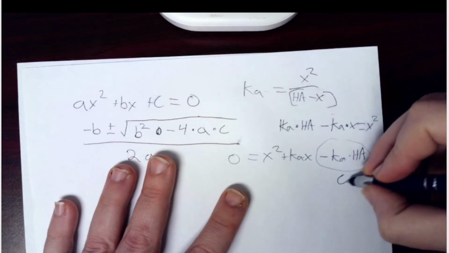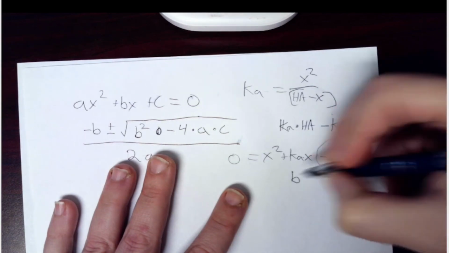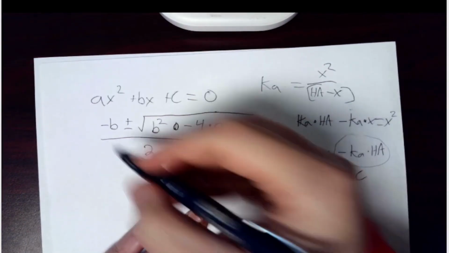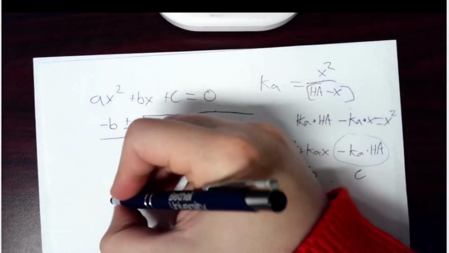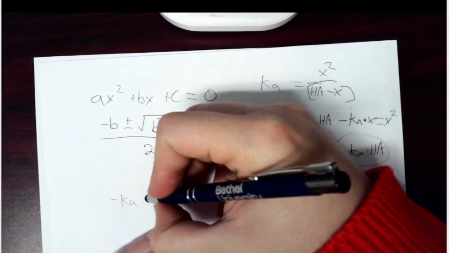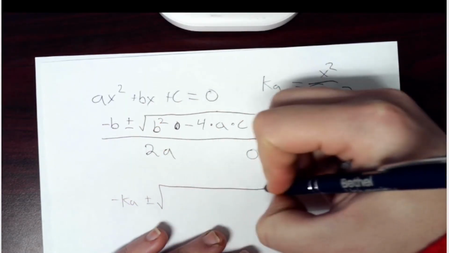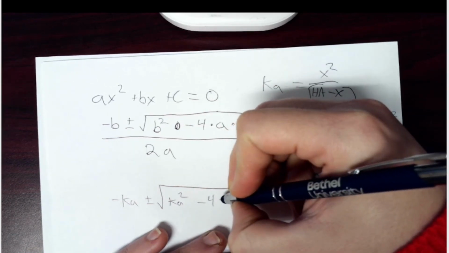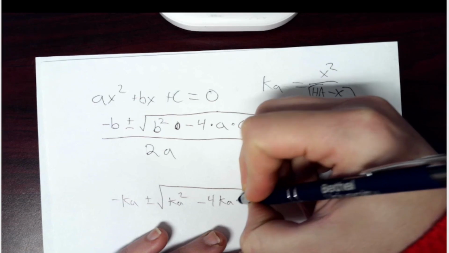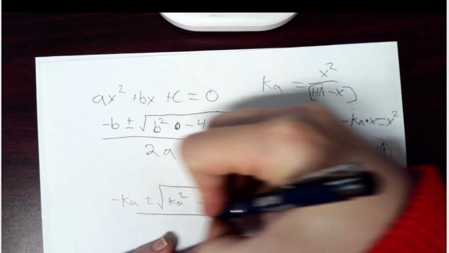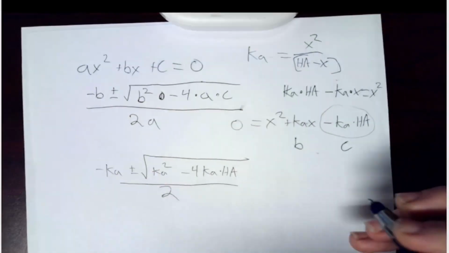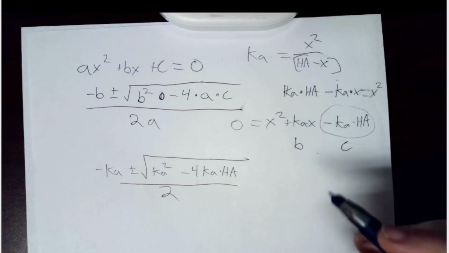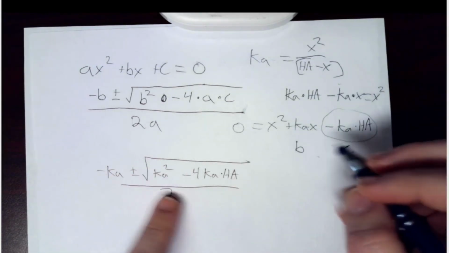So this is our C, and this is our B. With that in mind, plugging these values in, you have negative Ka plus or minus the square root of Ka squared minus 4 Ka times HA, over 2. So that's a generic equation we could use if we know these two values.